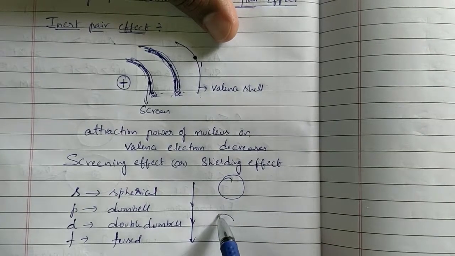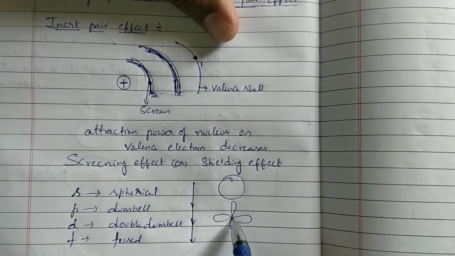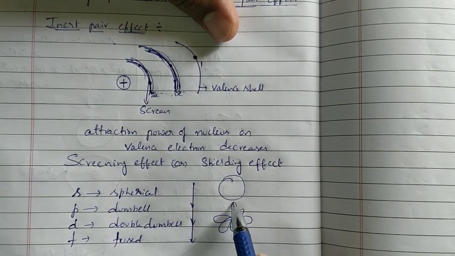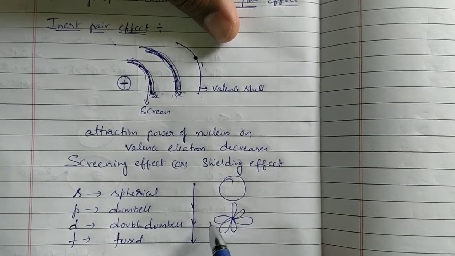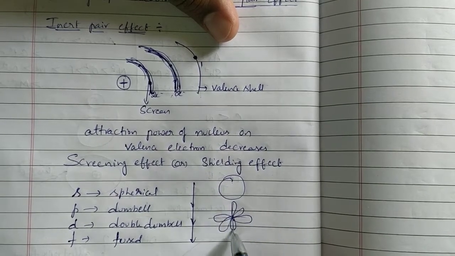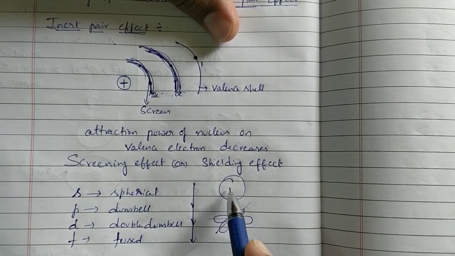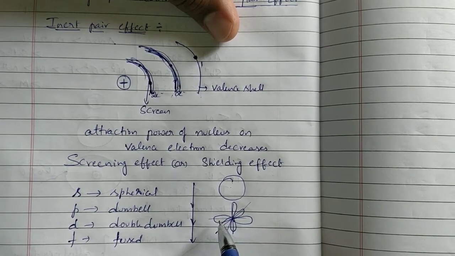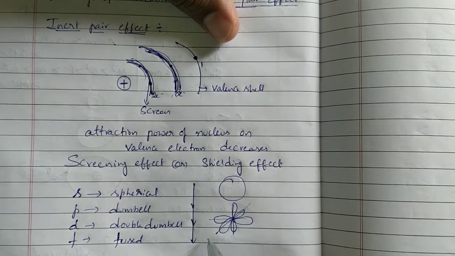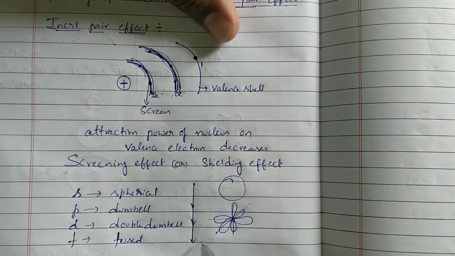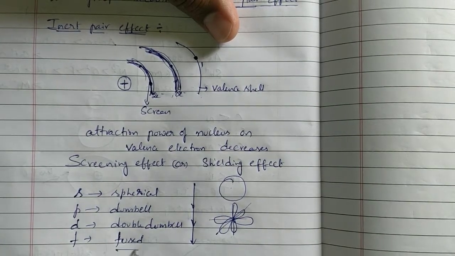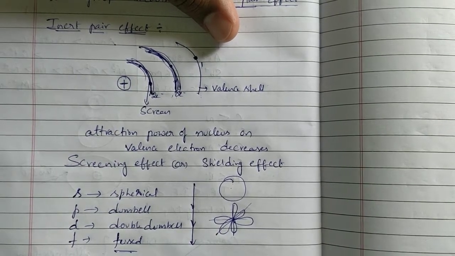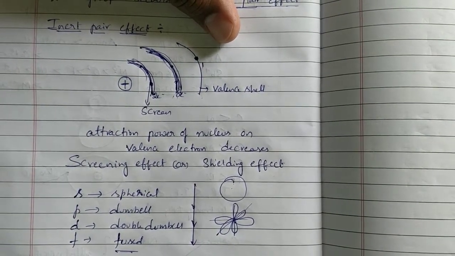For p, there are 3 p orbitals, drawn in a 3-dimensional way along the x-axis, y-axis and z-axis, so the complexity increases a little. For d, it increases further, and for f, the shape cannot be drawn on paper.